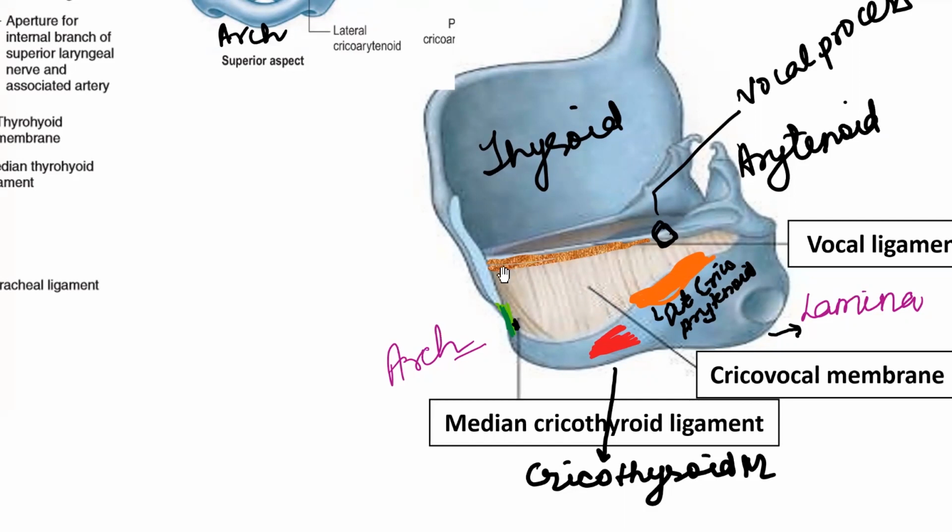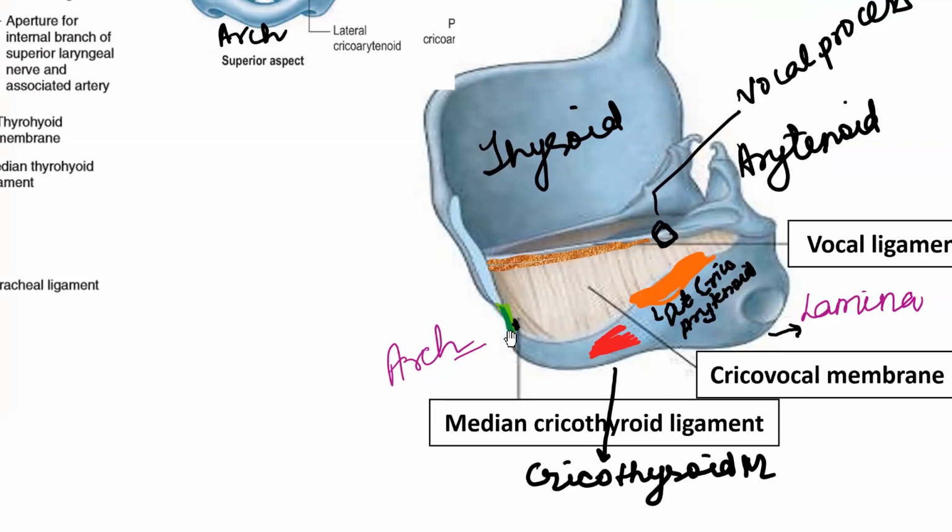The upper border of the cricovocal membrane is thickened to form the vocal ligament, which is the true vocal cord. This vocal ligament is attached anteriorly to the thyroid cartilage and posteriorly to the vocal process of the arytenoid cartilage.